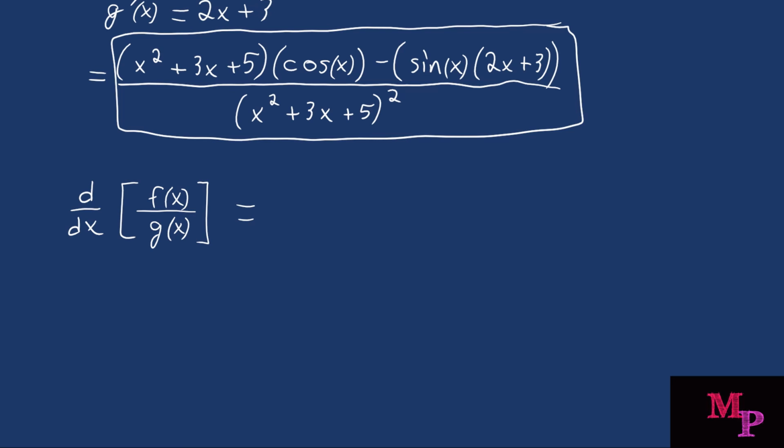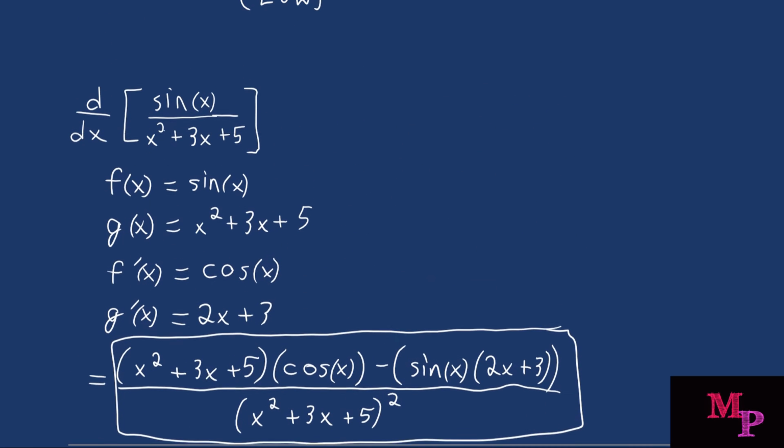Well, g of x can be brought to the numerator if you raise it to the power of -1. And that's an exponent rule. So if you raise g of x to the power of -1, instead of using the quotient rule, you can now use the product rule. And personally, I don't like using the quotient rule, so this is kind of what I do on the day-to-day.